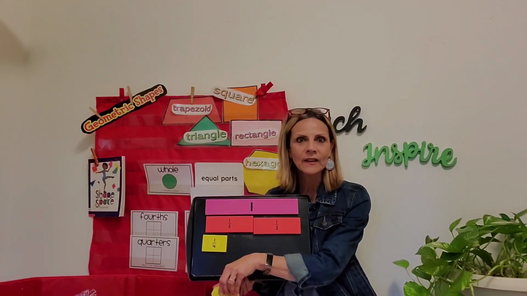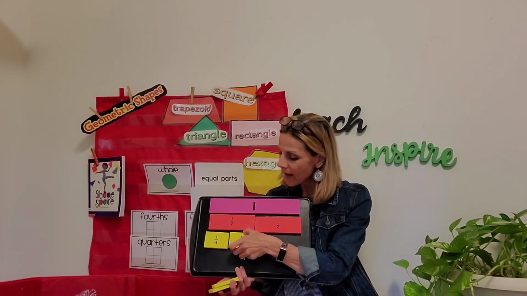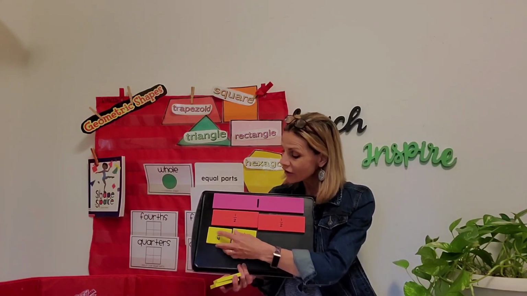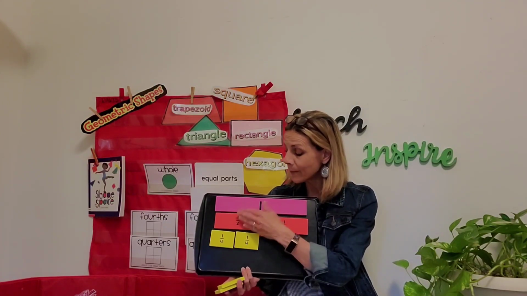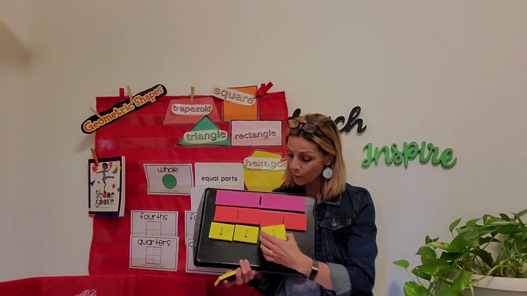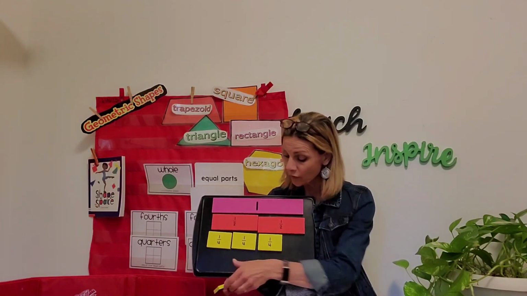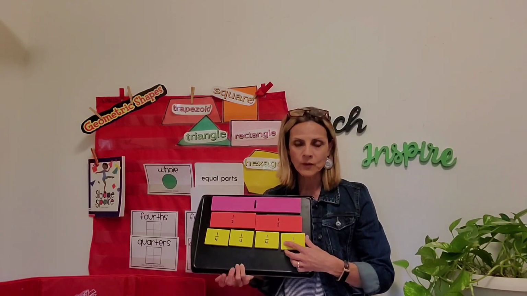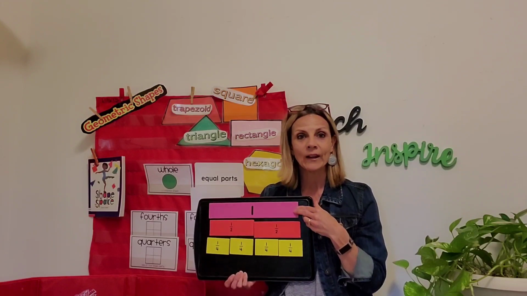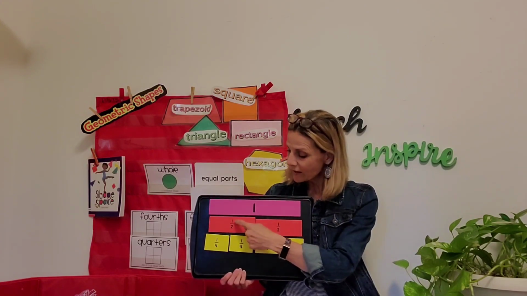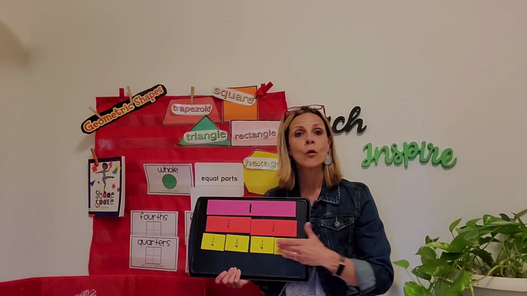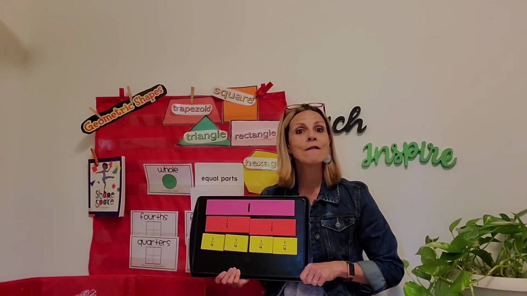And I really like the way these pieces lay out because it really shows us that we are actually sectioning or partitioning half of the half to get those 4 equal parts, or those fourths, or those quarters. Whole rectangle, divided in half, divided into 4 equal parts, or fourths.